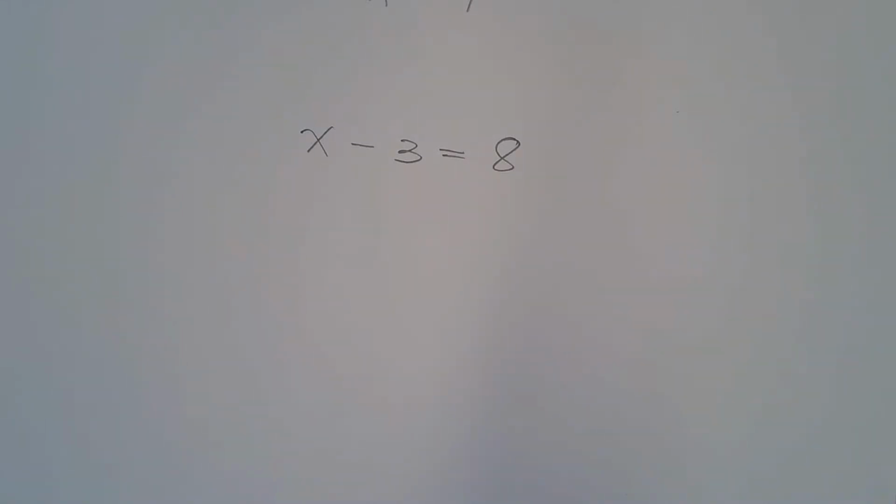A number, and then you're taking away 3 from that number is going to give us an 8. What do you think that is? The X is isolated. We're going to talk about isolating something in a few moments.